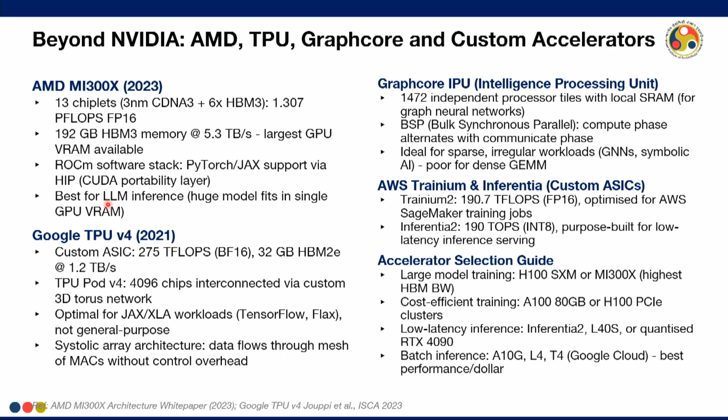So it is best for LLM inference, because you can fit a huge model entirely in the single GPU VRAM, virtual RAM memory. For training, you need to store all the different parameters, which we will come to. It's not only the model parameters or model weights, because you have to do the gradient computation and updates, and depending on the algorithm you use for gradient computation, your parameters will blow up.